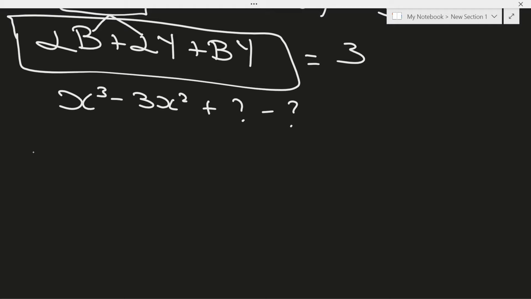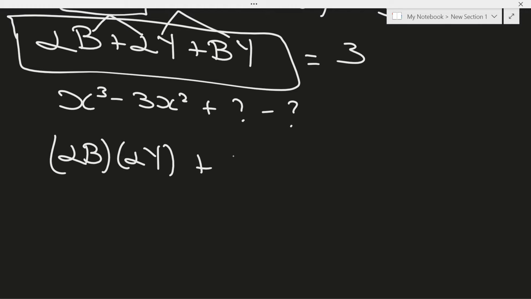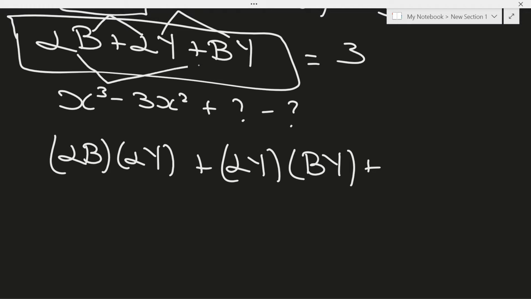We multiply these two, so we'll have alpha beta times alpha gamma, plus another two roots, alpha gamma times beta gamma, right? And then we'll have this plus what? The first and last, so that's alpha beta times beta gamma.